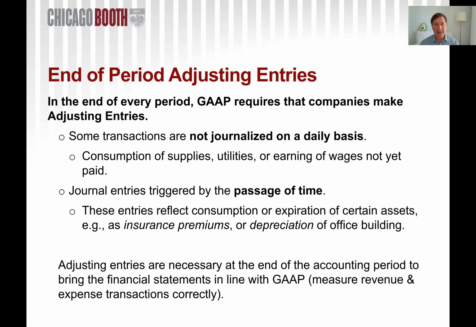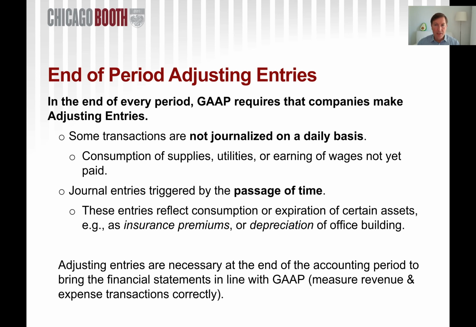Some transactions are not being recorded on a daily basis, right? They are not journalized. When I take a new notebook from a shelf, I'm not going to run and do a journal entry and so on, right? Some smaller, insignificant transactions are accounted for only at the end of the period. So we go and count how much supplies are remaining on the shelves, and then we make a journal entry based on that.